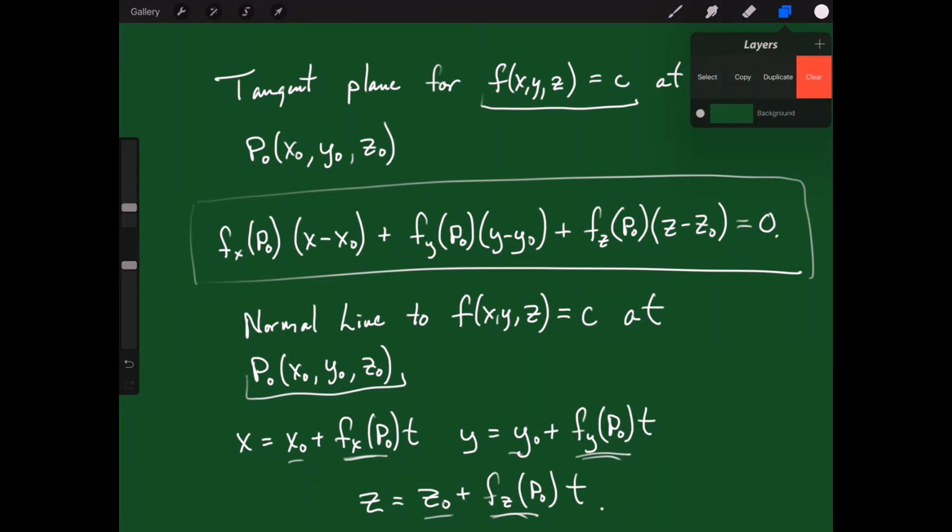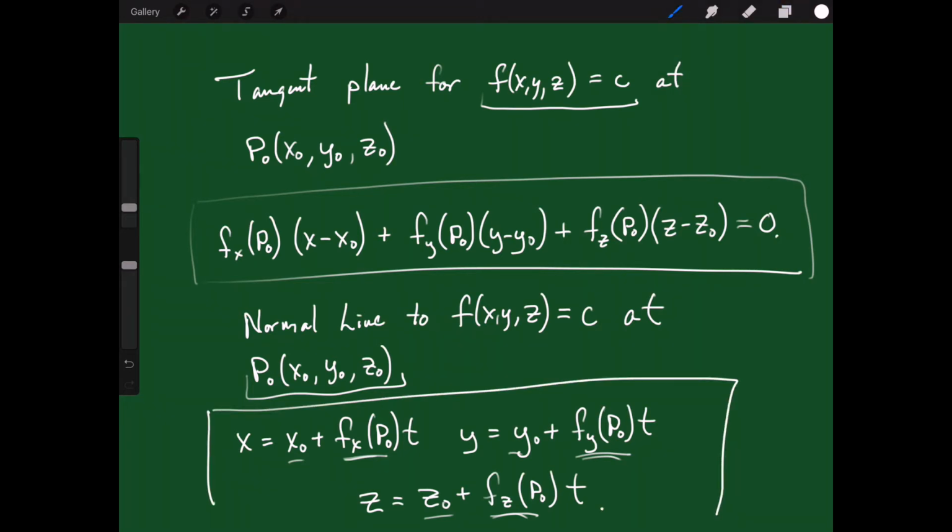Okay, so let's do an example. So now I have equations for both a tangent plane and a normal line. Now let's see what we can do with that. So here's an example for you.